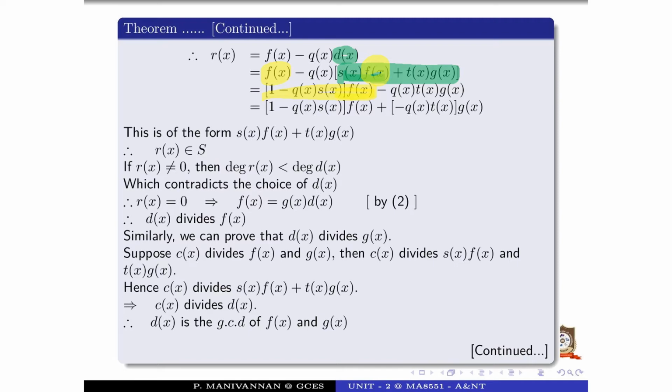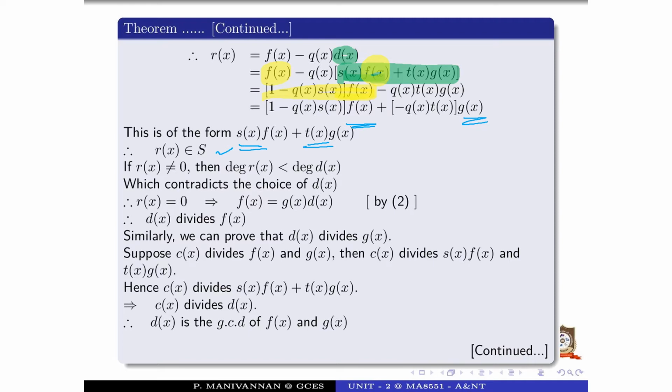It is some terms multiplication of f of x, and also some terms multiplication of g of x. So it is of the form s of x into f of x plus some t of x into g of x. Therefore, r of x also belongs to S.